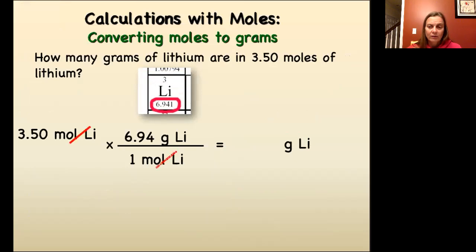And we're going to cross out our moles of lithium. And we're left with 24.3 grams of lithium. So pretty simple and straightforward, just a new conversion factor. Recognizing that 1 mole of any element is equal to its mass in grams from the periodic table.